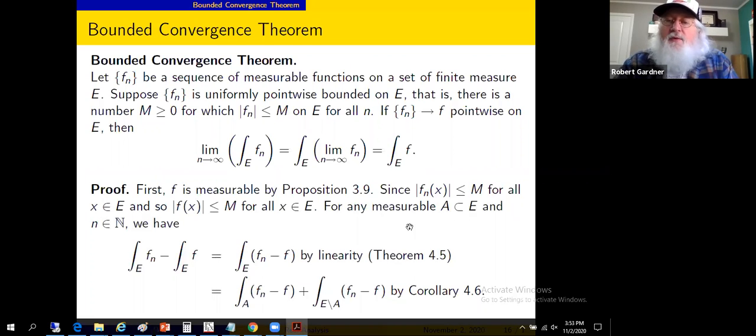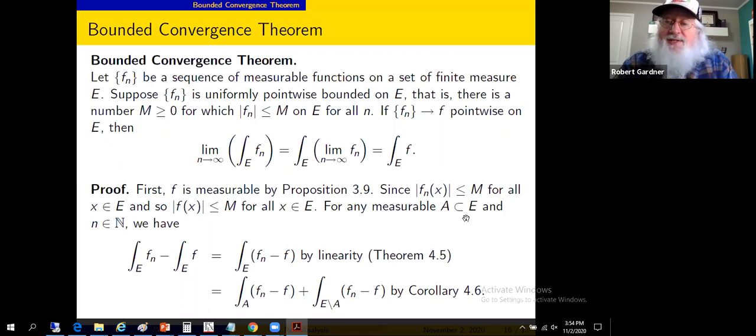For any measurable subset A of E and any natural number n, we have the following. Let's take the integral over E of f sub n minus the integral over E of f. The difference of the integrals over the same set is the integral of the difference, linearity. A is a subset of E, so we're going to break this up. Remember we mentioned Egorov's theorem a while ago? So I'm going to break this up into two pieces.